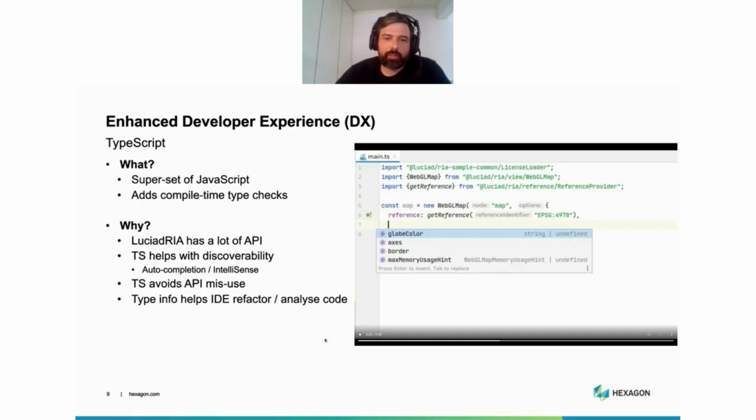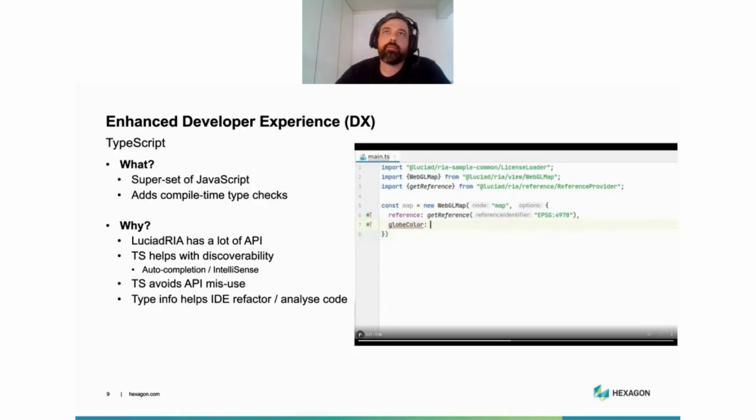We also want to set the color of our 3D globe to red. We see that there's a globe color option, which is a string, so let's use that. We don't know what the exact contents of the string would be, but by looking at the documentation, we see that it's a CSS color.